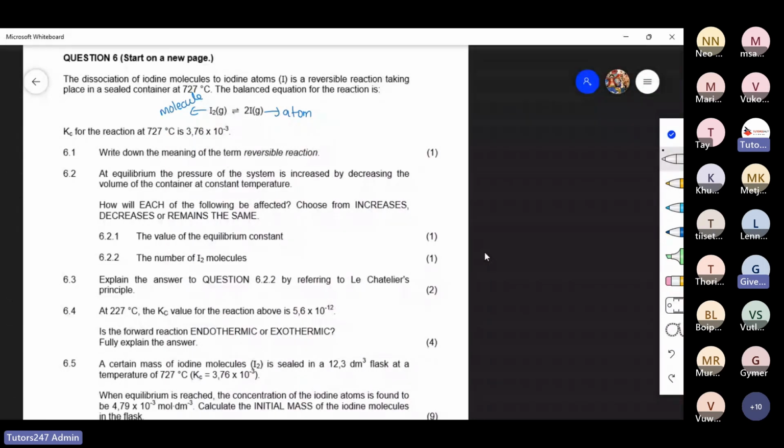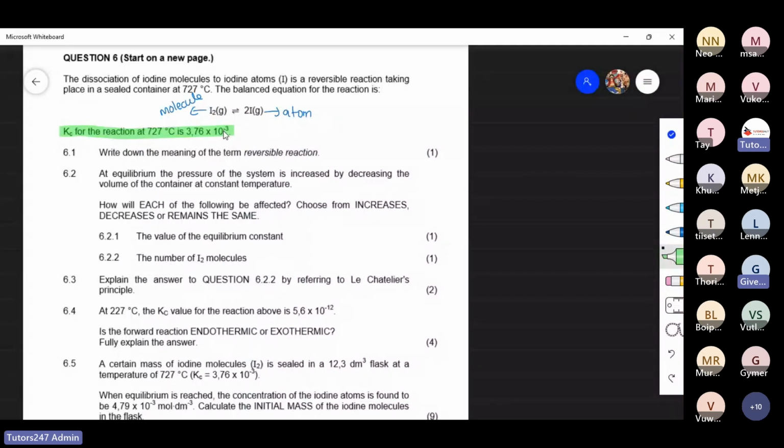Another important piece of information is Kc for the reaction at 727 degrees Celsius is 3.76 times 10 to the power negative 3. This statement is extremely important. Keep in mind that if the temperature were to change, this Kc value would also change, because Kc changes with temperature.